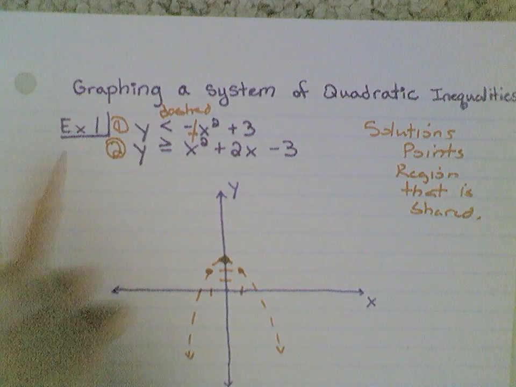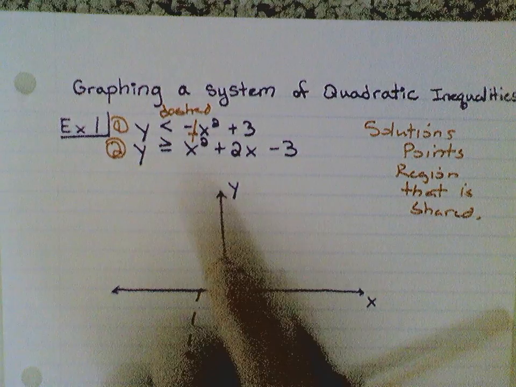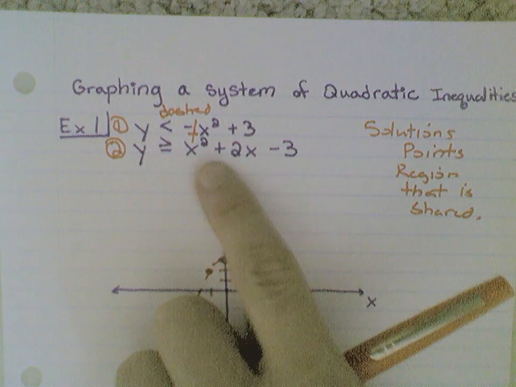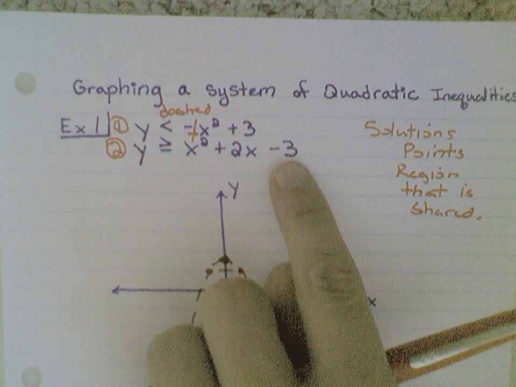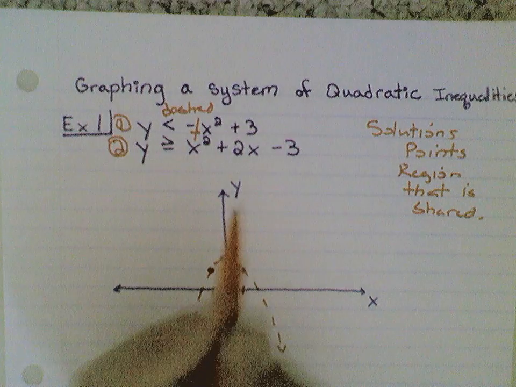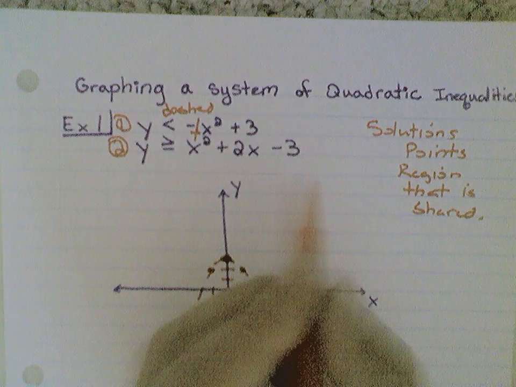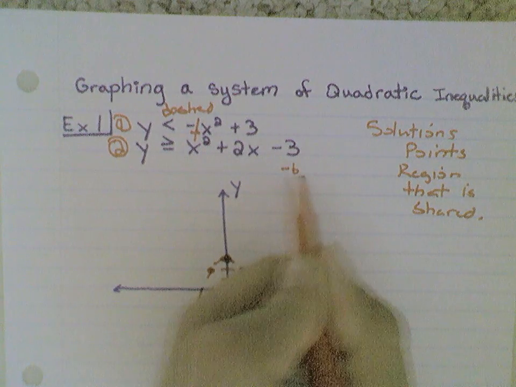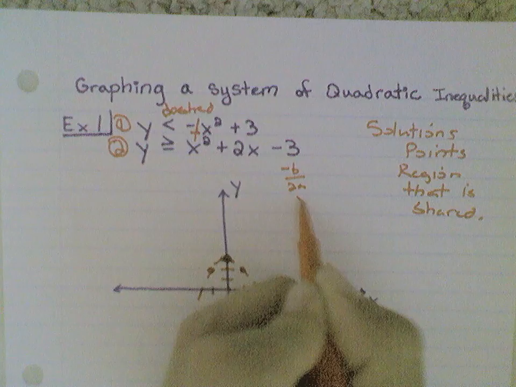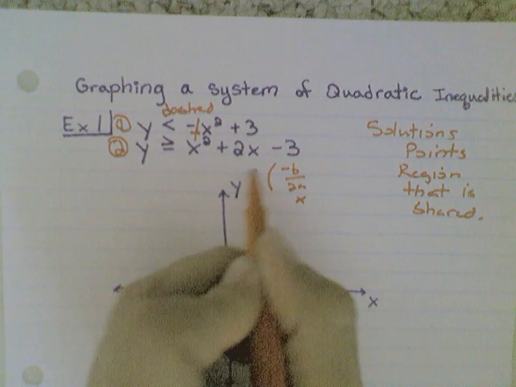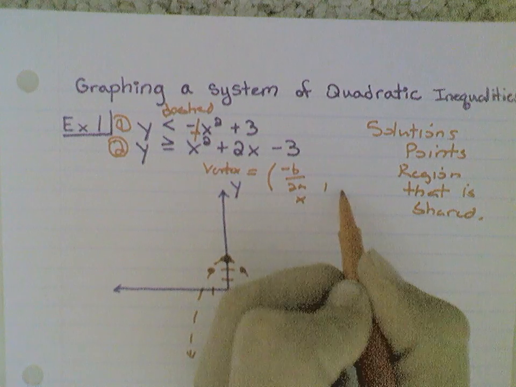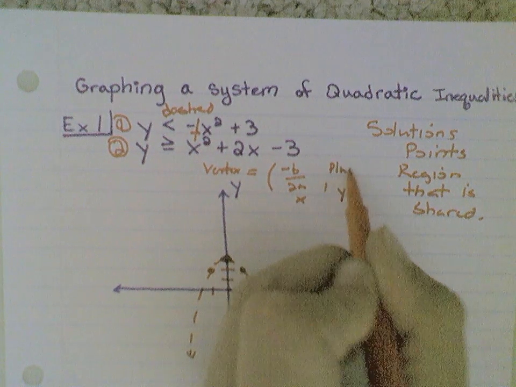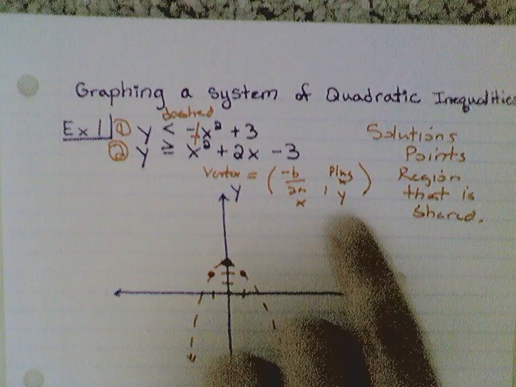Now that we have one of the equations graphed, we need to graph the second equation. The first thing to notice is that this second equation is in standard form, so I'm going to have to graph it using the standard form method, which is taking the opposite of b over 2a, which will give me the x-coordinate of the vertex, and then plug that value back in to get the y value.